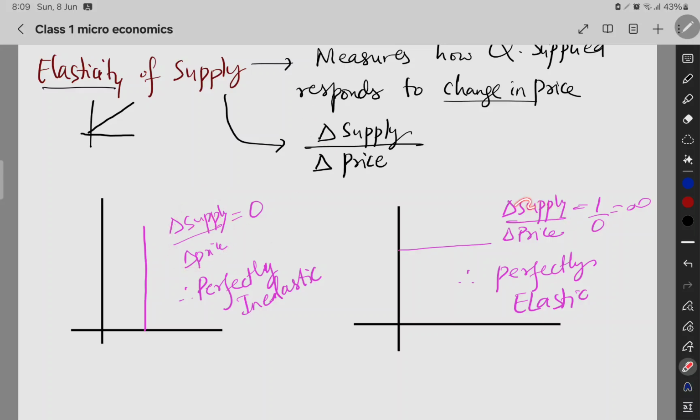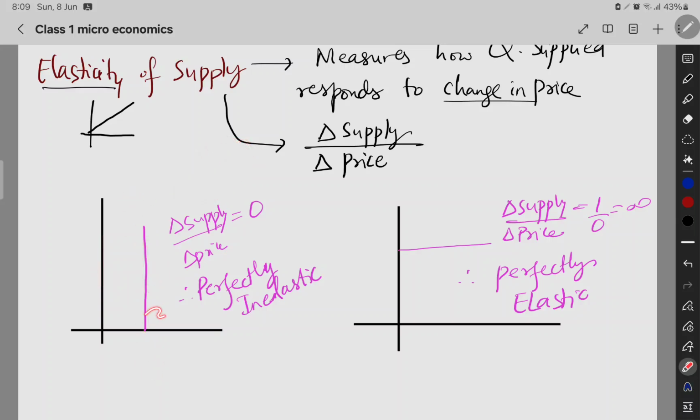I can see that the quantity supplied did not change when I dropped my price from here to here. It is always change in Q by change in price, and this is equal to 0.